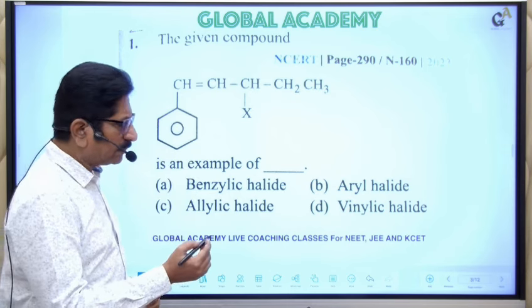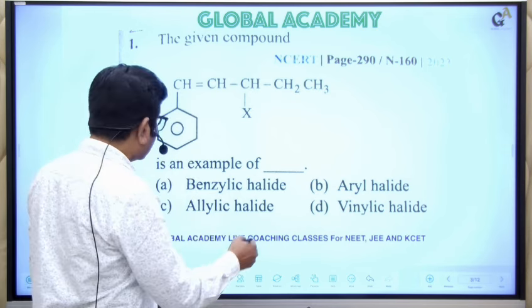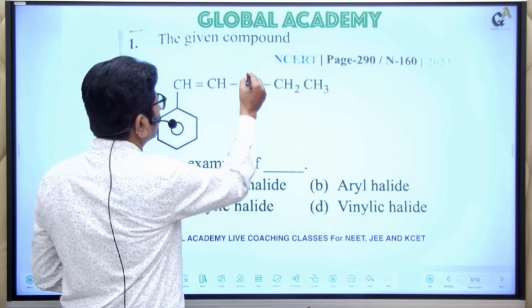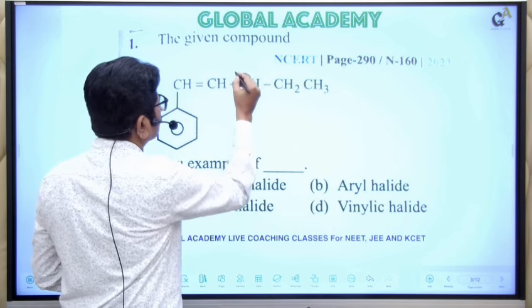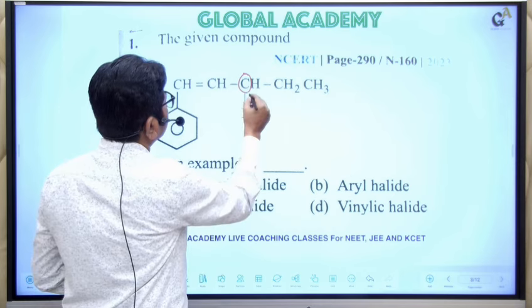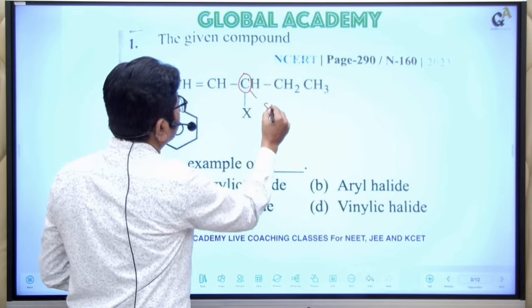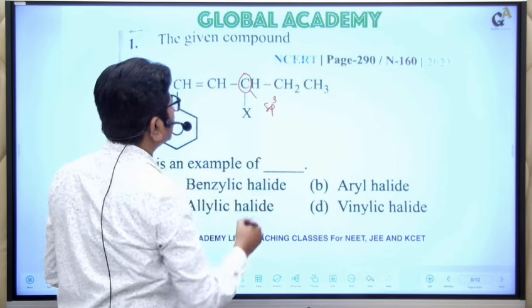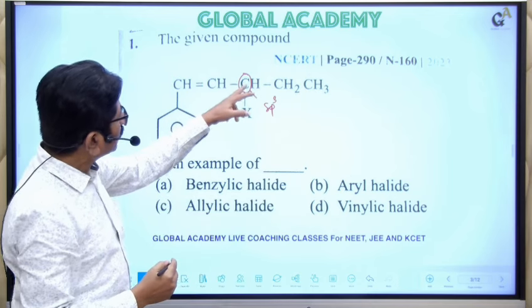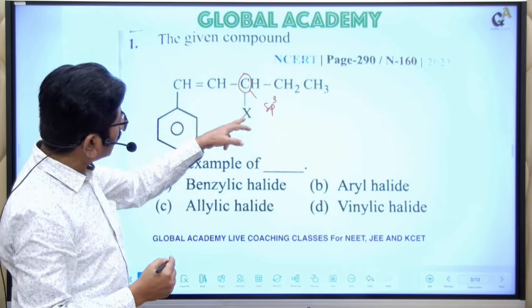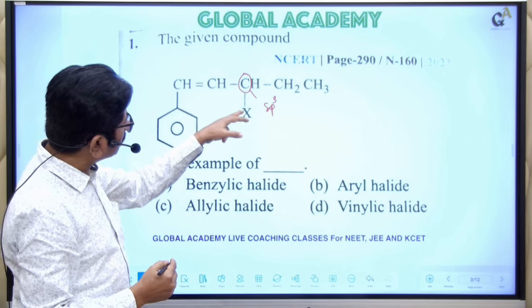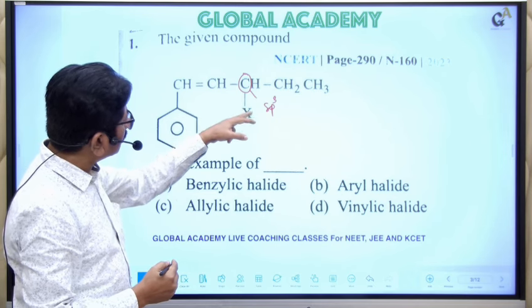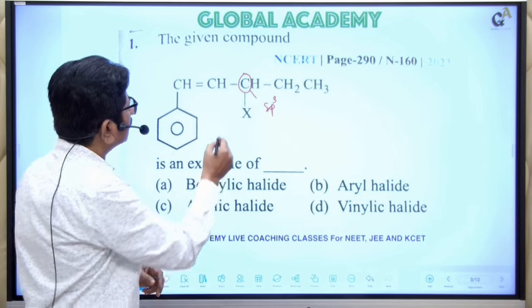If you see the compound, then you can say this carbon, particularly concentrate on this carbon, is sp3 hybridized, because to the carbon the halogen is linked, and hence it is sp3 hybridized.